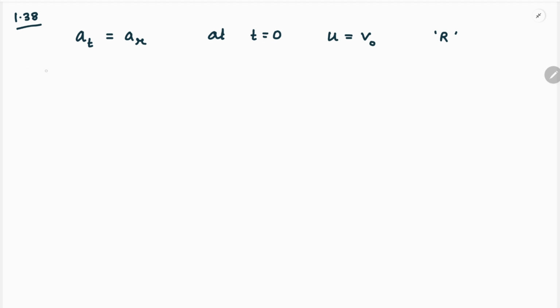So we begin in this way, that AT equals AR. It is a case of deceleration. So as the particle is moving, it is undergoing a drop in speed, that is minus dv by dt, which is equal to v square upon r.